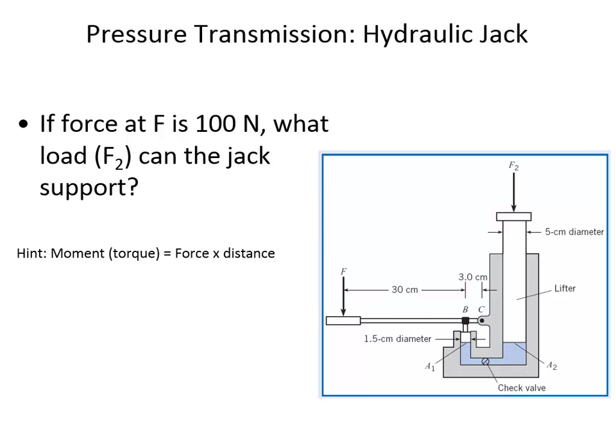But then it also is amplifying my force by the ratio of the areas. So if you have a doubling in the areas, that doubles the force. If you have 10 times the area, then that multiplies the force by a factor of 10. So in this case, we push down with 100 newtons, and we can lift 12,000 newtons.